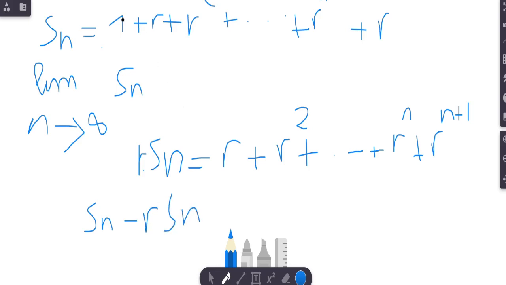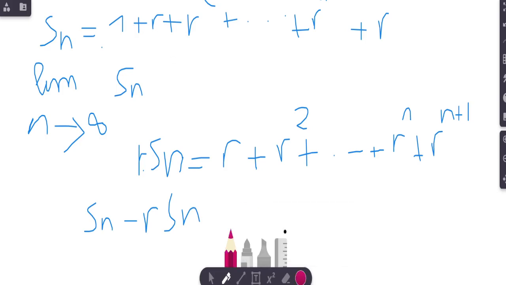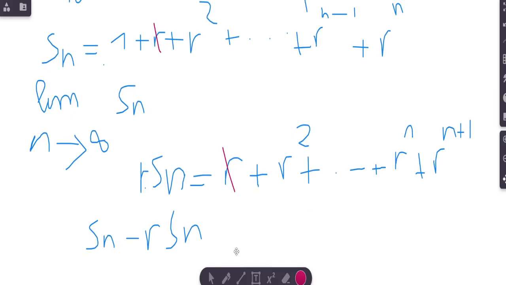You will have a lot of terms that will disappear, okay, because you have 1 plus r minus r, so the r disappears, plus r squared minus r squared, so this term vanishes as well, until r to the n minus 1 will vanish as well.